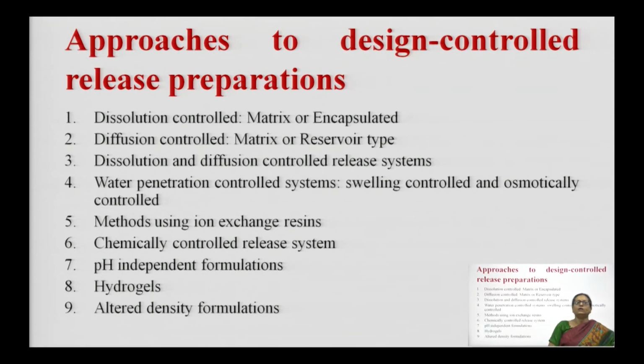They attain controlled drug delivery by enhancing the residence time of the drug in the body. So, we will discuss some of these mechanisms in details. Today's focus will be on the first two mechanisms, that is dissolution controlled matrix or encapsulated type systems and diffusion controlled matrix or reservoir type of systems.